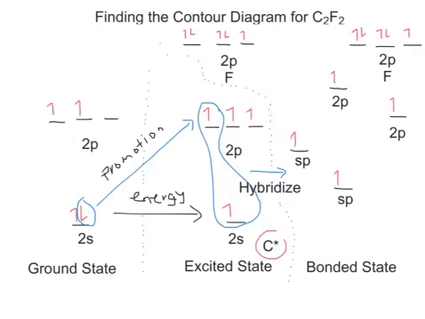Now we must start pairing up bonds. So we're going to have one of the fluorines share an electron with one of the SPs, as well as the other fluorine sharing an electron with the other SP. So we have these two pairs right here. Oops, I forgot to add these.